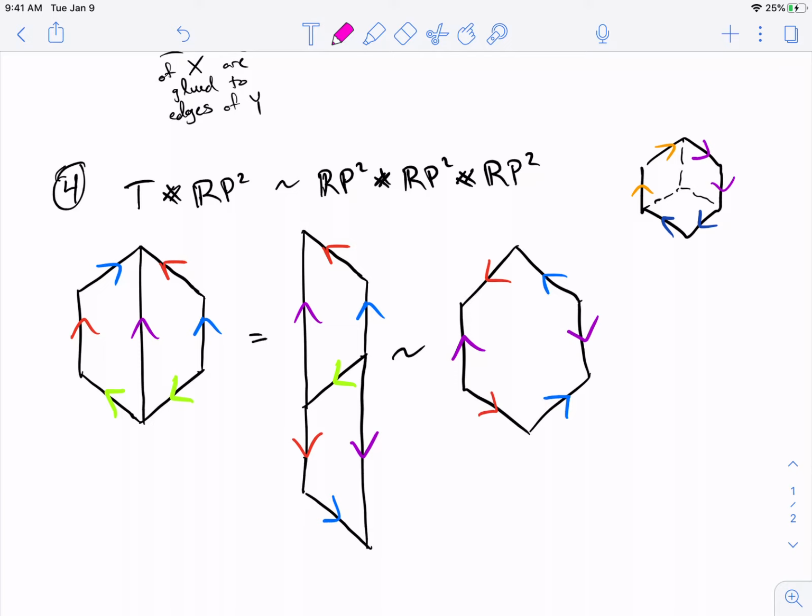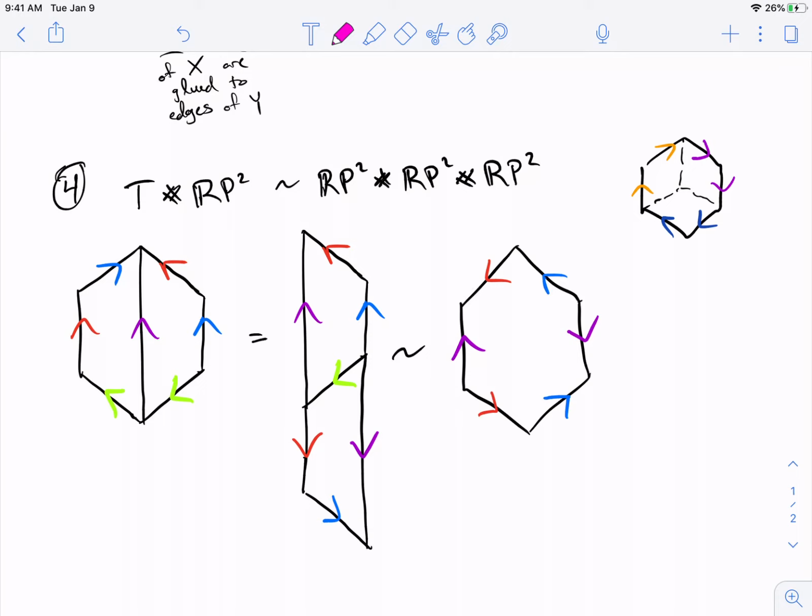But there's definitely a wrong choice of what I could do next, and that is I don't really want to make this cut here. Why? Well, that, up to stretching, that's exactly the cut I just made. So if I do that cut and glue the purples together, I'm going to end up right back where I started. I'm just undoing what I did before.